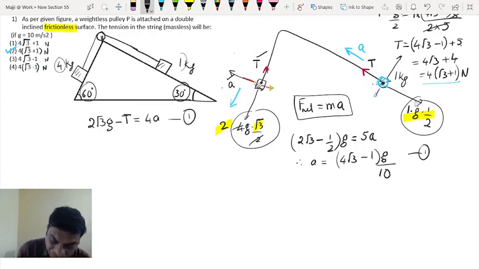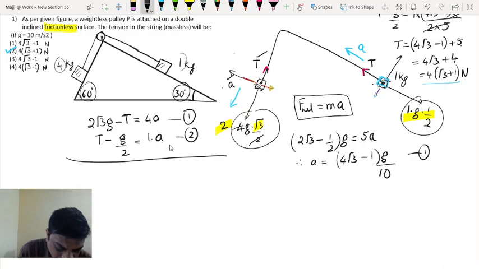And for the lighter one, T minus g by 2 is equal to 1 into a. You can straight away solve for T by adding the equations, that is by eliminating a. In any way you'll get T equal to 4 times (root 3 plus 1).